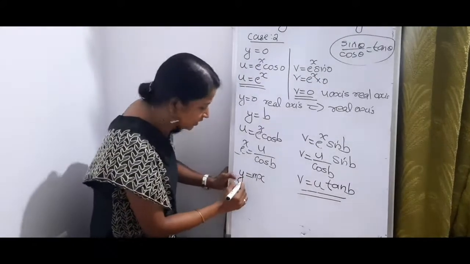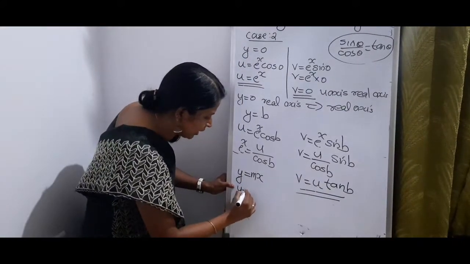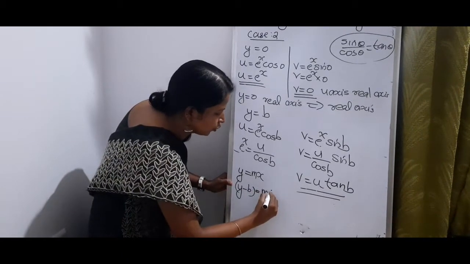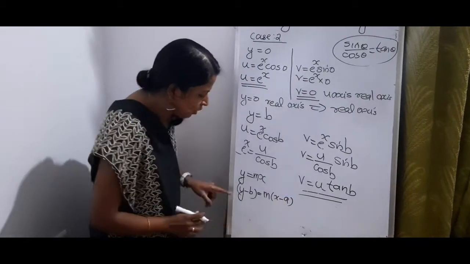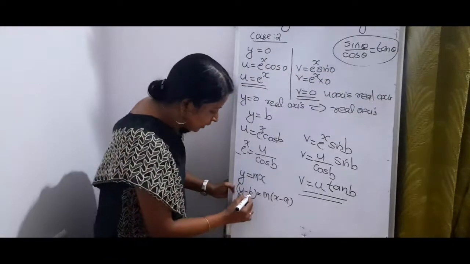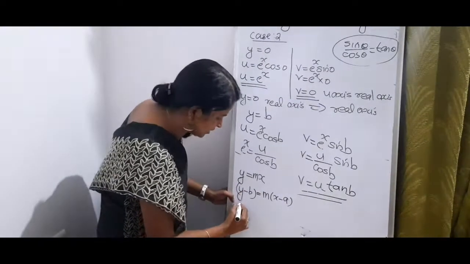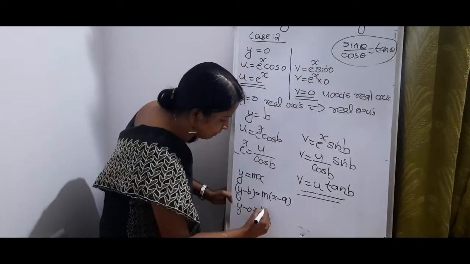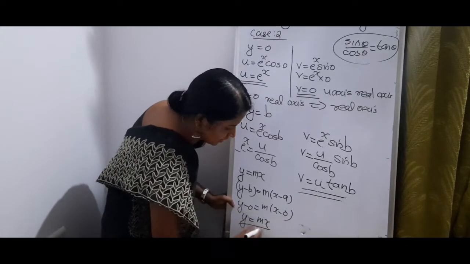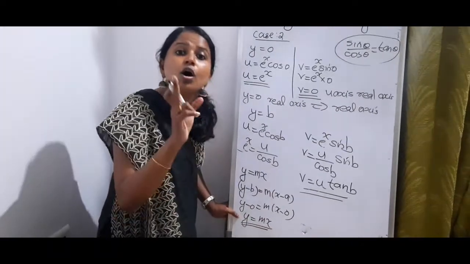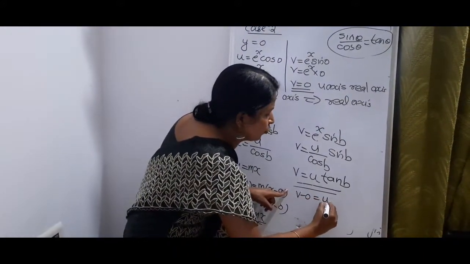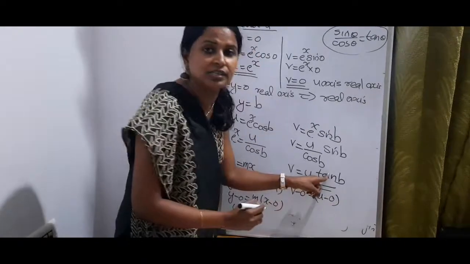The general form is y minus b equal to m into x minus a. Here a and b are zeros, meaning y minus 0 equal to m into x minus 0, that is y equal to mx. This is a line passing through the origin. So here v minus 0 equals u minus 0 into a constant.